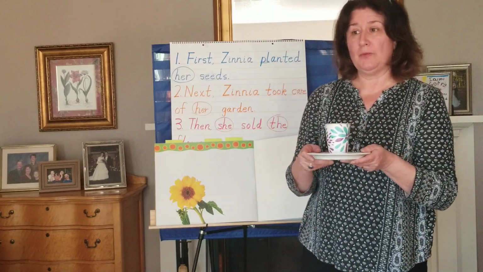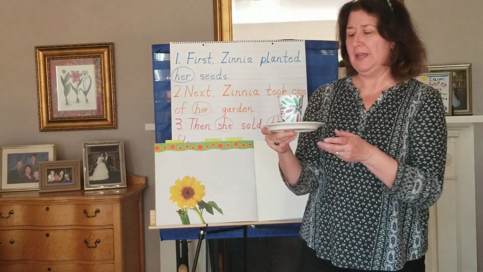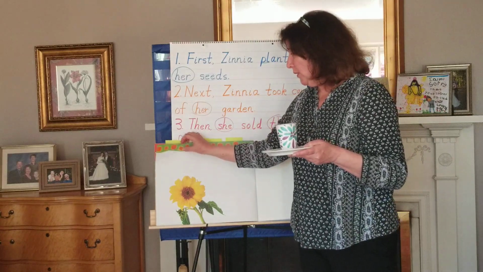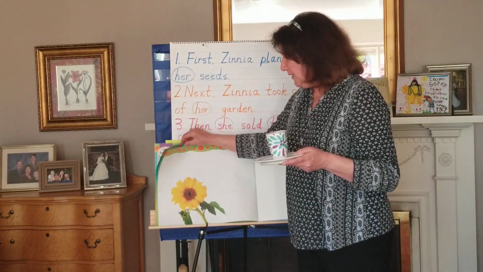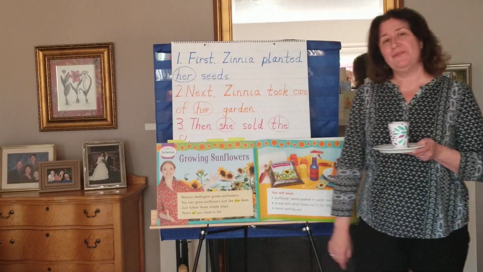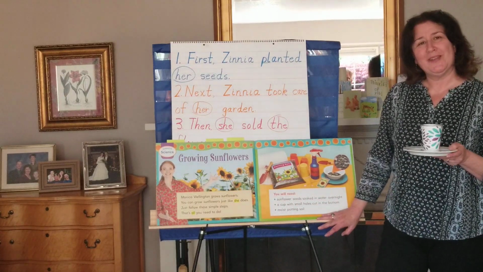So put them in the window in the sunshine because sunflowers love sun. They need some sunshine and some water to grow. So then you, just like Monica Wellington, can grow some sunflowers if you'd like to do that. That's a fun project to do right now. All right?